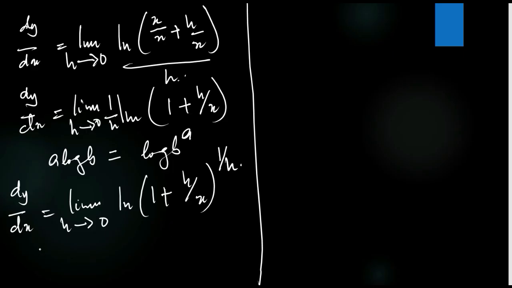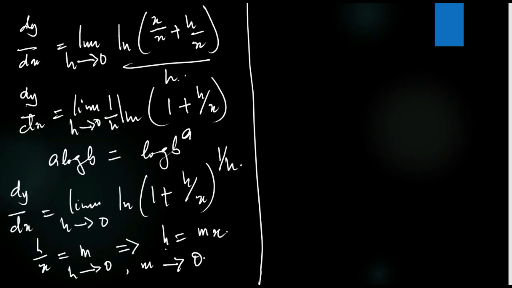Now let's make a substitution. I want to substitute h over x to be equal to m, so that h equals mx. From this relationship, you see there's a direct proportionality, so as h tends to 0, m also tends to 0.